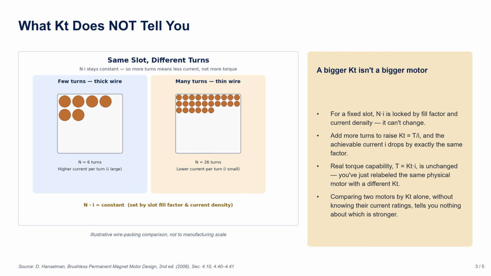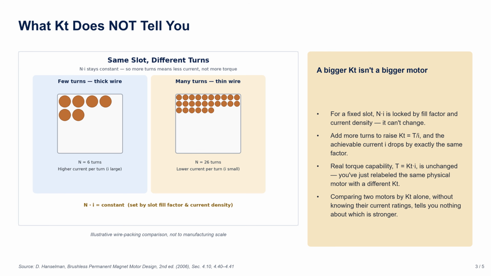Here's the trap. For a fixed stator slot, the product N times I is locked by the slot fill factor and the current density. It simply cannot change. So if you wind more turns to raise kT, you simultaneously force the achievable current down by exactly the same factor.